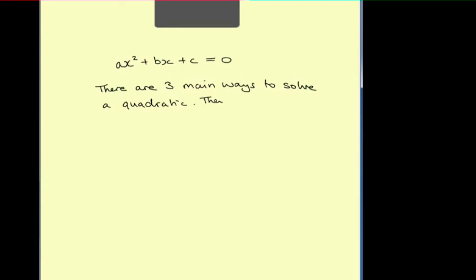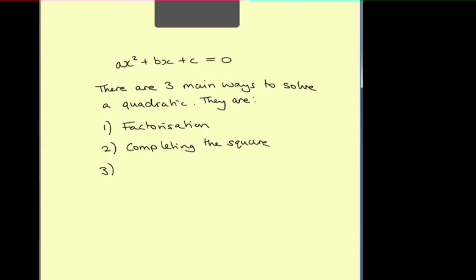They are factorization, by completing the square, and the third method is the quadratic formula.